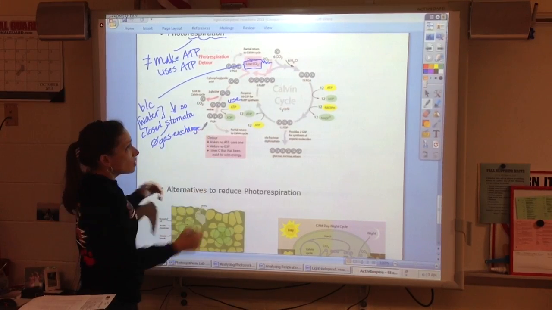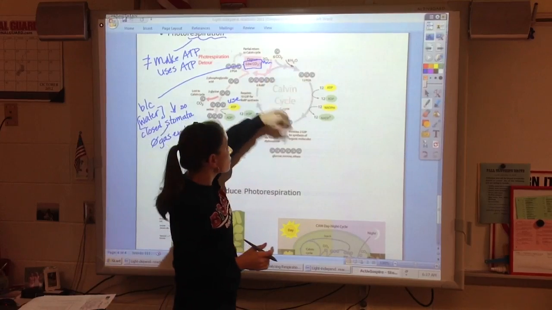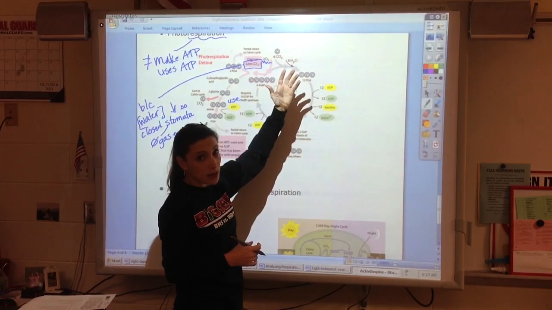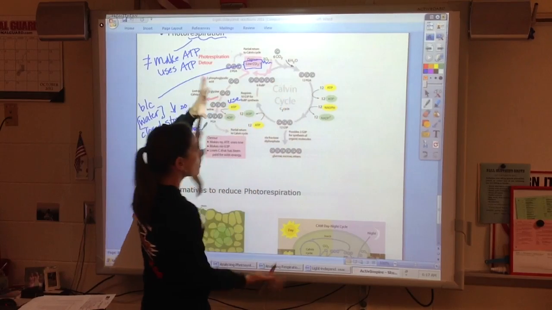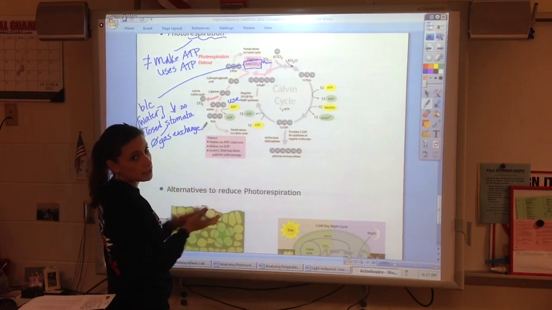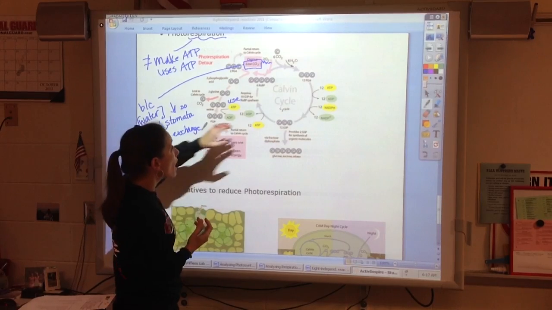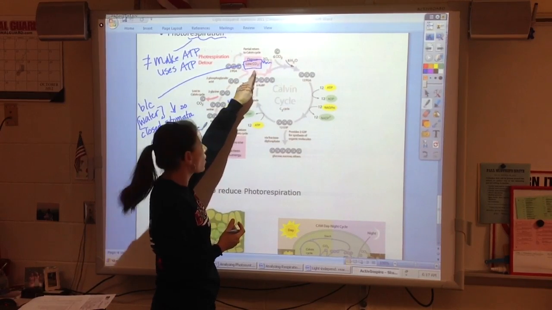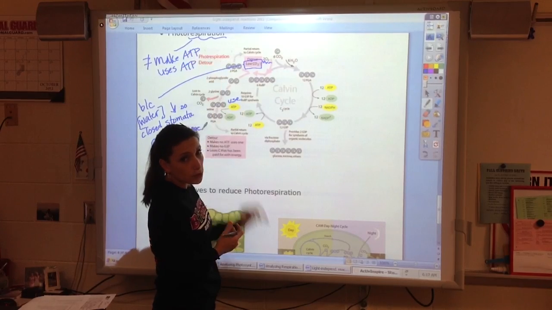And so when we first close the stomata, we just keep using all of the CO2, and the light-dependent reactions keep making oxygen. And so when we first close the stomata, that's going to begin this shift of the gas concentrations. And when oxygen levels are high and CO2 levels are low, photorespiration will occur.